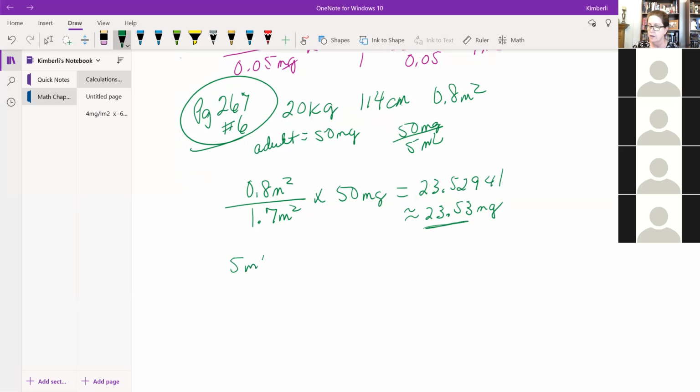So let's go ahead and calculate it this way. 5 mLs gives me 50 milligrams, and I want 23.53 milligrams.